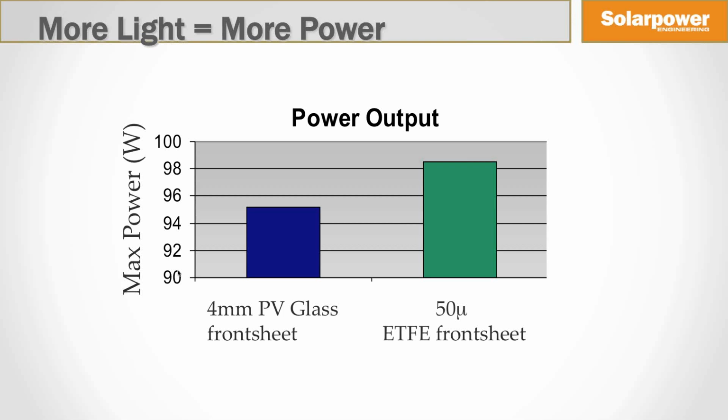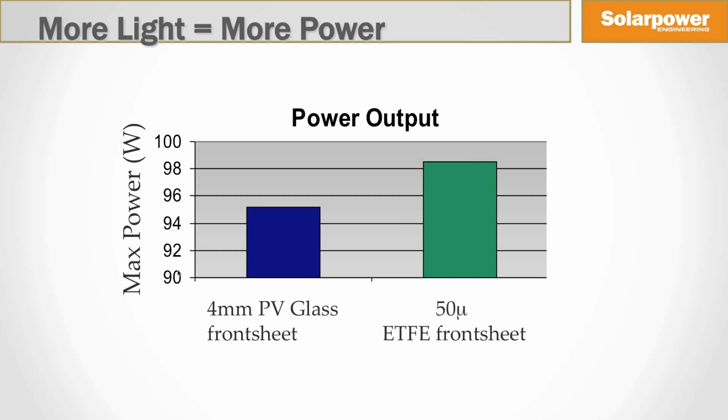Using films, module manufacturers can significantly increase production efficiencies and also achieve total system cost reductions. The fluoropolymer films are durable, provide excellent life cycle performance, and help improve the efficiency.